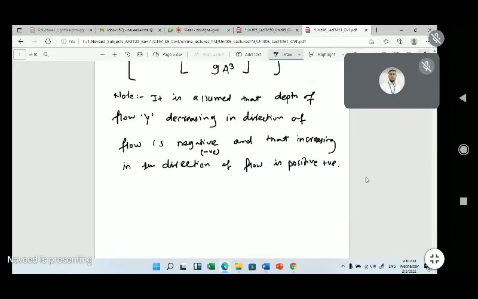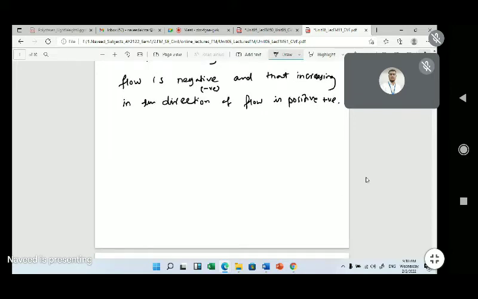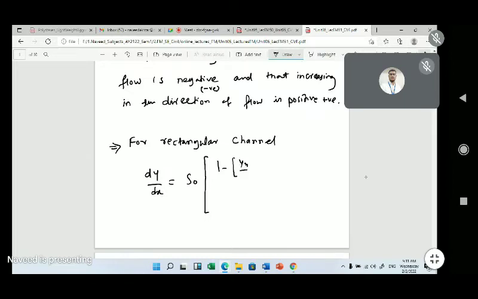And for the rectangular channel, you can write down the dynamic equation: dy/dx = S0 [1 - (yn/y)^q] / [1 - (yc/y)^q].